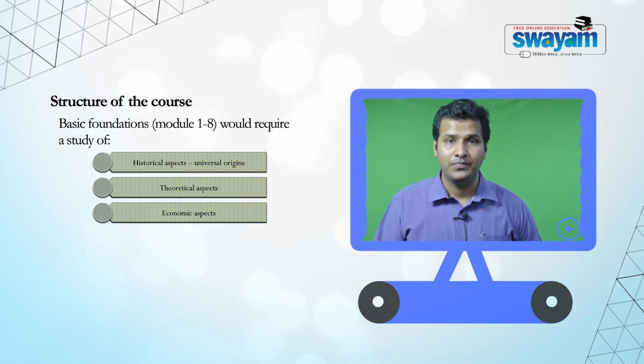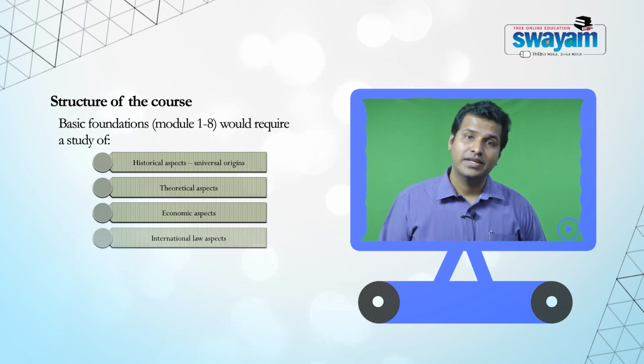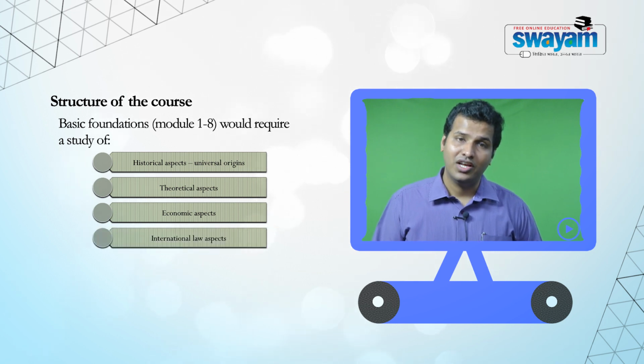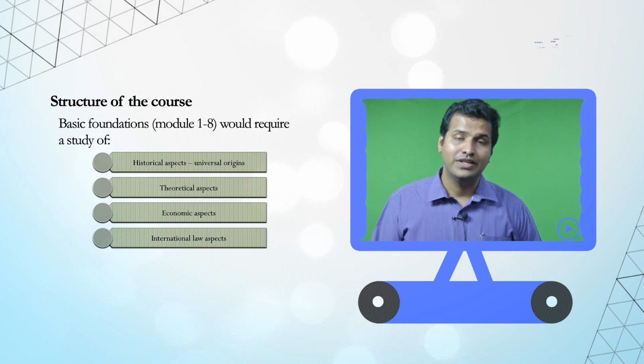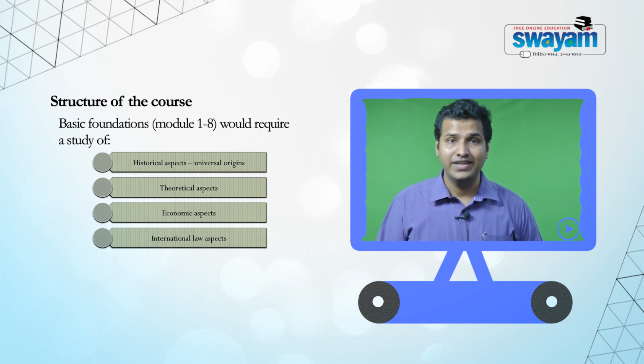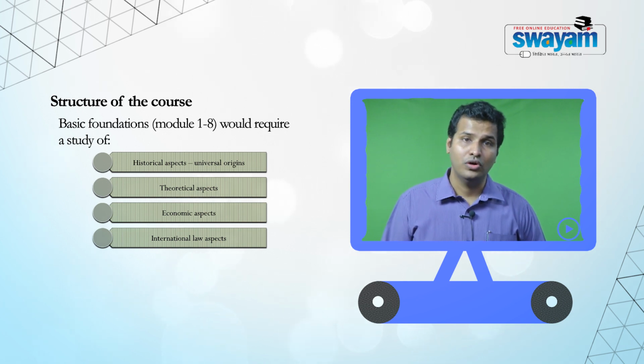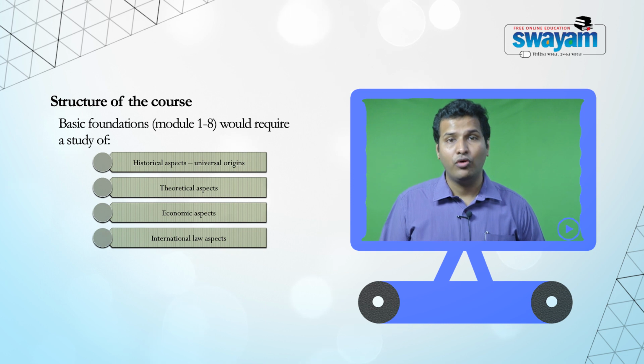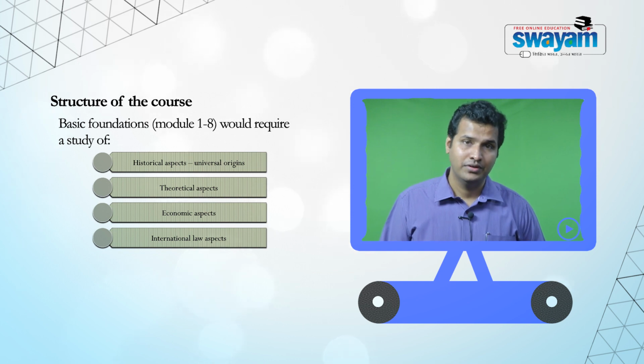We will also study some international law aspects involving treaties like the WTO TRIPS agreement, that is the World Trade Organization's agreement on trade related aspects of intellectual property rights, which is enforced since 1995. Also along with it, we will also study important WIPO treaties like the Berne, Paris and other conventions that are referenced in the TRIPS agreement.